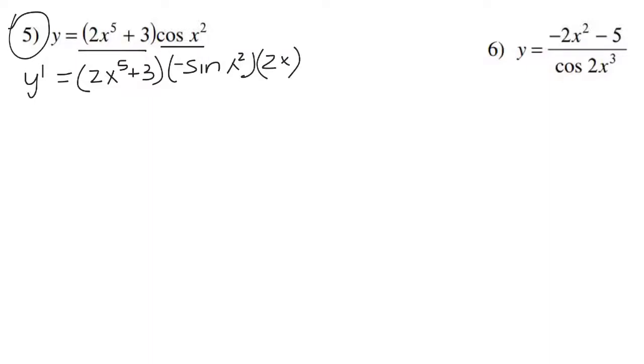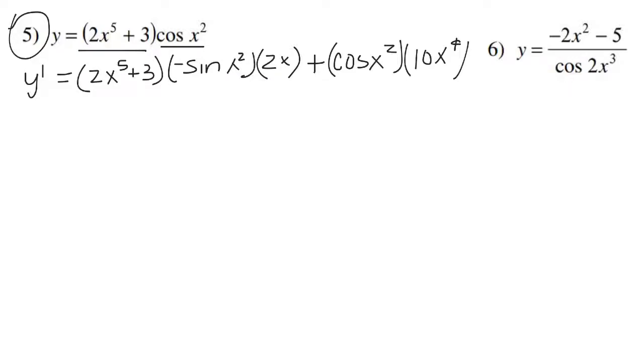So there's first times the derivative of the second plus the second, cosine x squared, times the derivative of the first. What's the derivative of the first? 10x to the 4th. Do I have any negative exponents here? No. So leave that mess alone. Don't do anything else to it. Leave it alone.